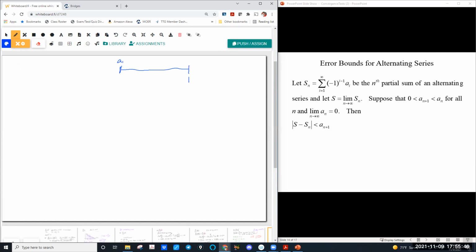Then we subtract a half. Now our sum is going to be somewhere in between these. So that line is representing what our sum is. Then we add a third. Notice how it keeps crossing over.